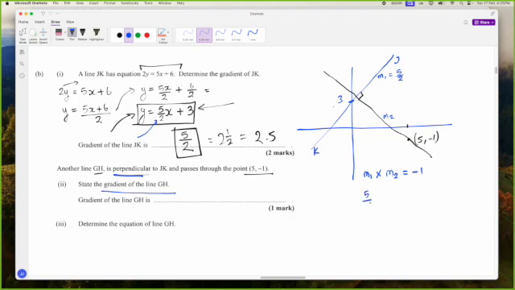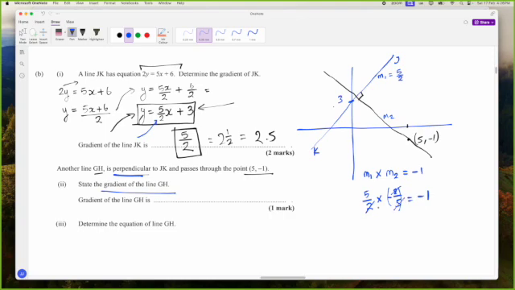M1 is 5 on 2. Multiply by what will give me minus 1? So negative 2 on 5. That is all. It's just really the reciprocal. Negative 2 on 5. That way, the 2 will cancel with this 2, right?